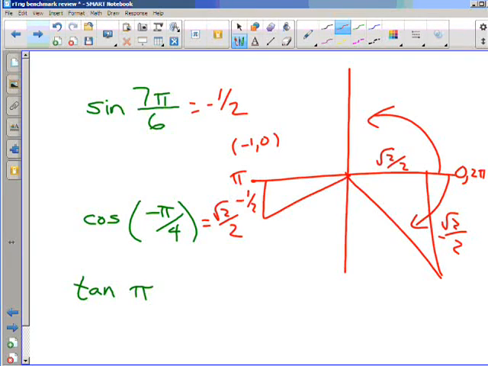Tangent is the same as sine over cosine, or y over x. So if we know that sine is the y, in this case 0, and cosine is the x, -1, we would see that tangent of pi is 0.